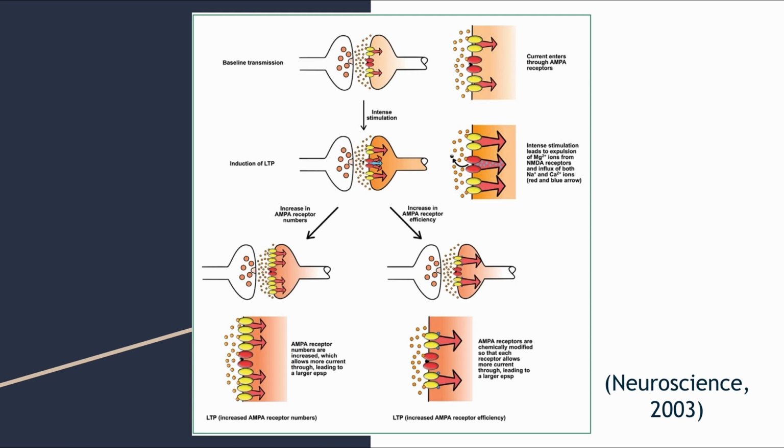Enabling AMPA receptors to work more efficiently, such as passing more current into the neuron upon activation, or inserting more AMPA receptors into the synapses, leads to a larger depolarization, which is called LTP. The opposite of this is called LTD, which is a reduction of the efficiency or number of AMPA receptors. This could occur within a single dendritic spine, and thereby alter synaptic strength in a highly localized manner.